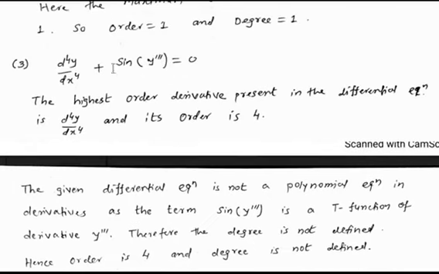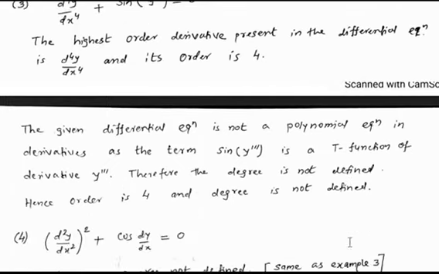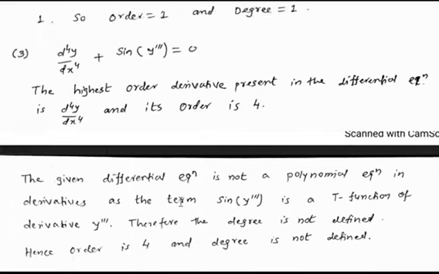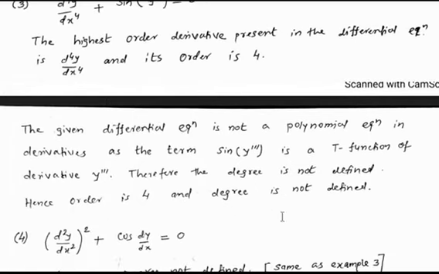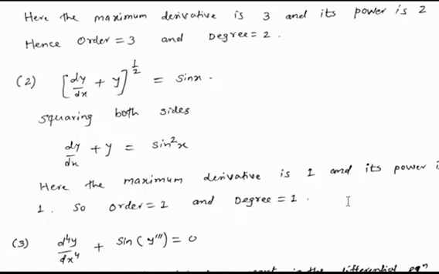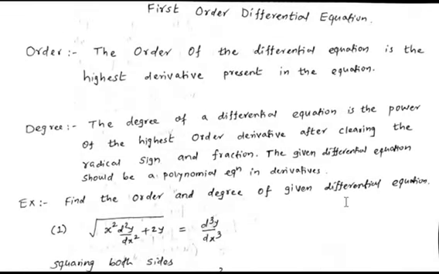You can see this is not a polynomial equation in derivatives, as this term, sin y triple dash, is a trigonometric function of the derivative y triple dash, right? Therefore the degree is not defined. Hence the order for this differential equation is 4 and degree is not defined. For degree, the given differential equation should be a polynomial equation in derivatives. Then and only then it will be defined, otherwise not, right?